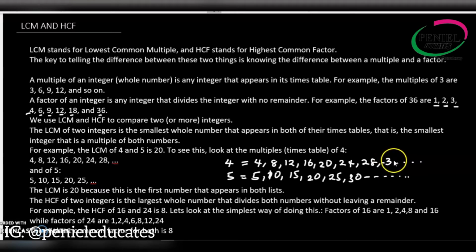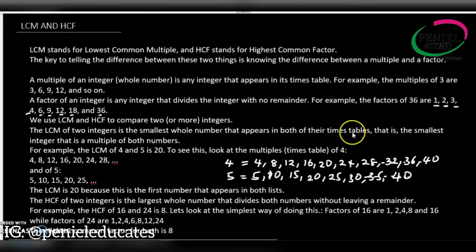This particular 20 appears first, and this is the lowest common multiple that you can have. 4 and 5 are not the same, these are not the same, but 20 and 20 is the first number that appears in both lists of multiples.